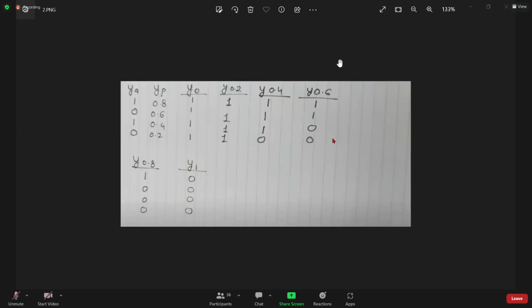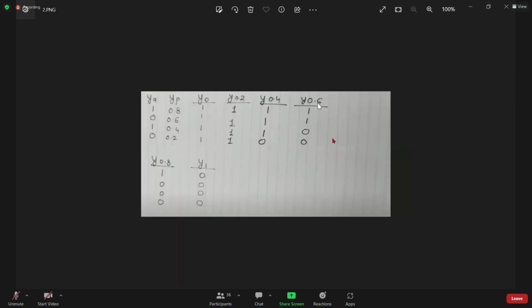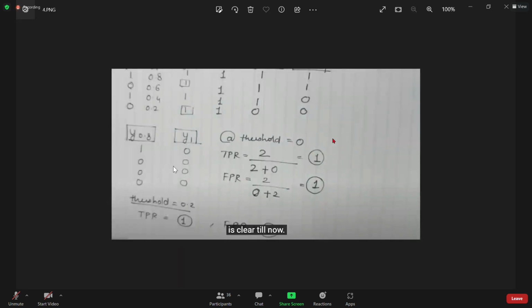I'll share this today. You can check it a little bit. You can get it. All right, guys. Okay, so what happened? Once you compute these equations, TP by TP plus FN, we get 2 by 2 plus 0, so 1 and 1. My question, I'm trying to plot the graph, guys, with FPR and TPR.